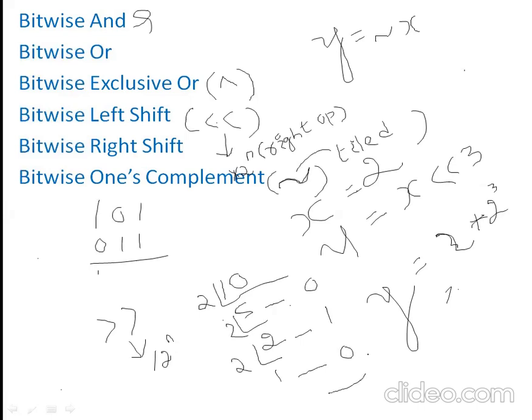So what we get is 1010. If you make its complement, 0101, which is 5 in decimal.